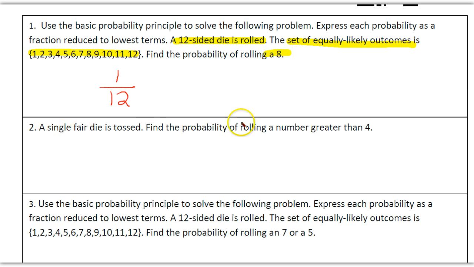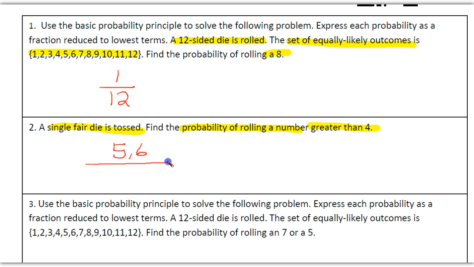Now here, a single die, and of course in the normal ones there's only 6 sides. Find the probability of rolling a number greater than 4. Well, what numbers are greater than 4? Well, 5 and 6.